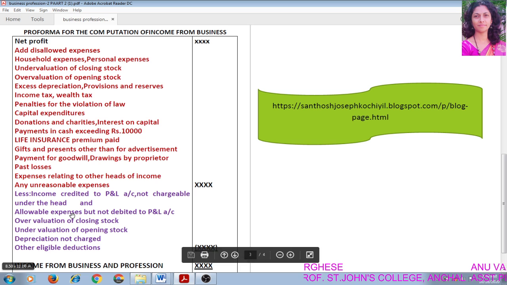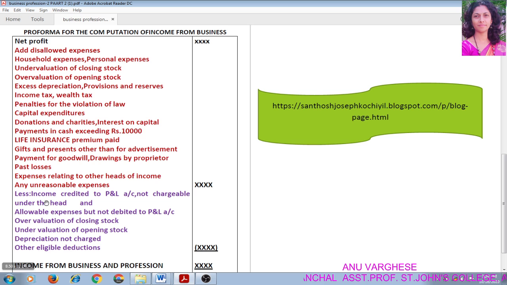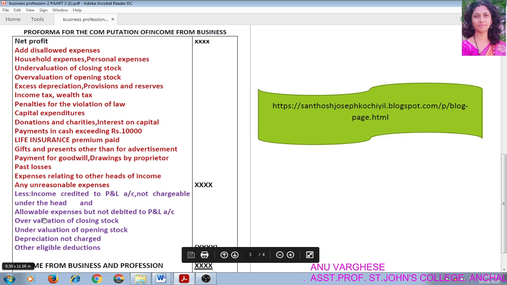Then what are the items which we have to deduct from net profit? Such items are allowable expenses but not debited to P&L account. If there is any such expense, we can deduct that item. Then overvaluation of closing stock, undervaluation of opening stock.